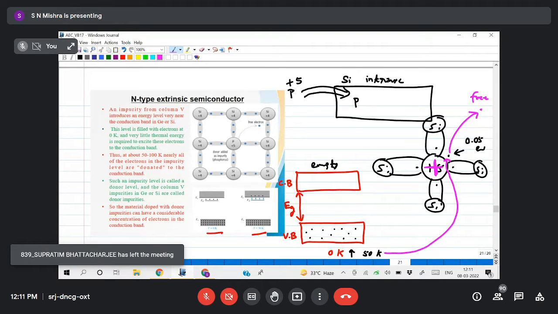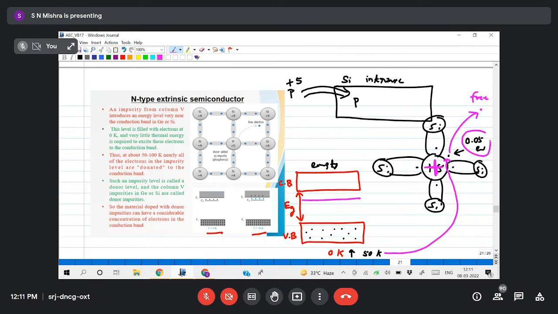Now the same thing, how I'll show in the band diagram. Let us take this energy level which is just below the conduction band, and as it requires very less energy to detach this electron, let us take this as my 0.05 electron volt, and this is the donor atom, so I can consider this as the donor energy level.